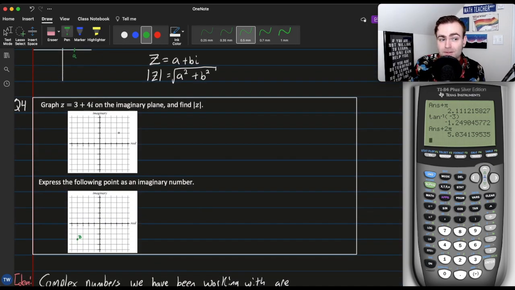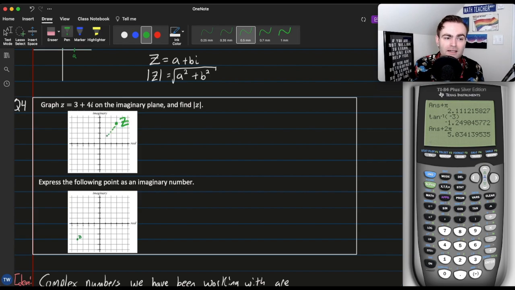So let's graph an imaginary number on the imaginary plane. We've done this before. Hopefully we've done this before. And then let's find its absolute value. So 3 plus 4i means we have 3 on the real axis and 4 on the imaginary axis. So this would be z.